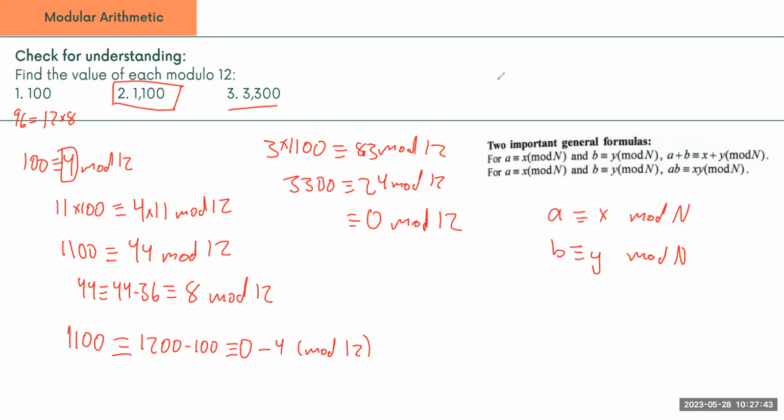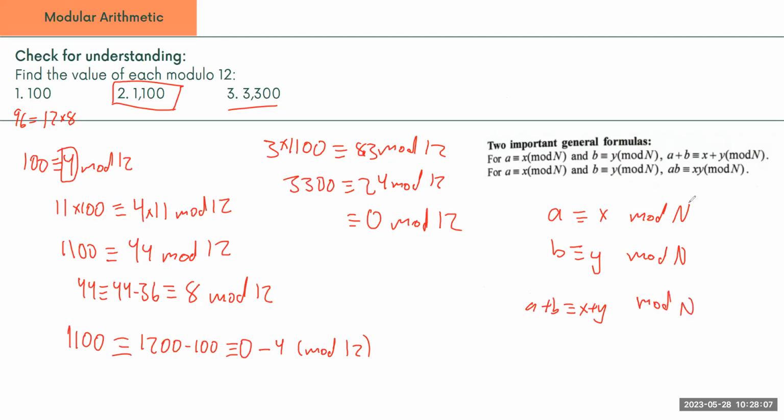It varies based on what source you're looking at, but just keep in mind sometimes you do that. Then A plus B is congruent to X plus Y mod n. All we need to do is add the same thing on both sides, because you know that B is the same thing as Y in mod n.